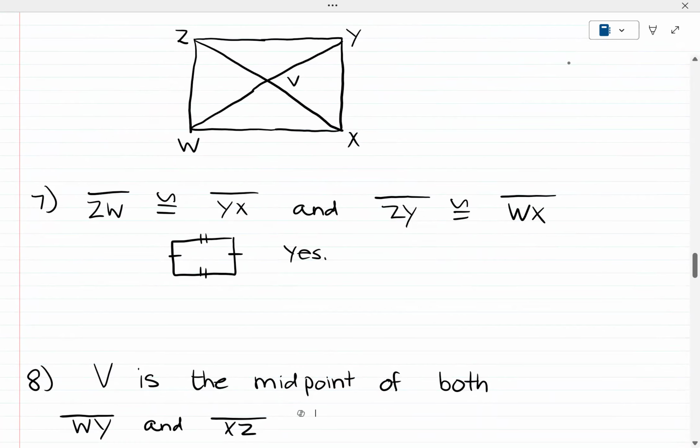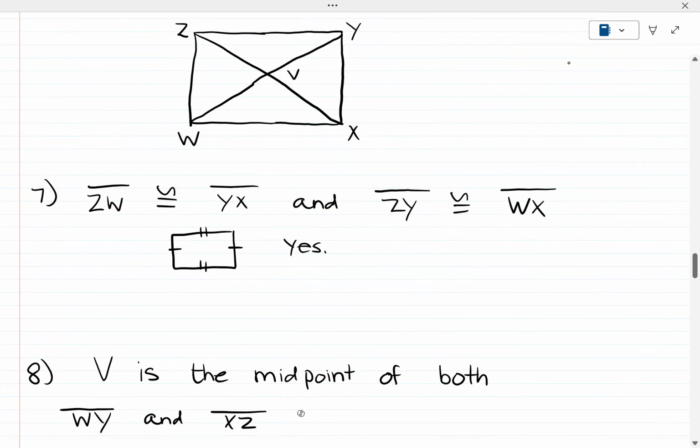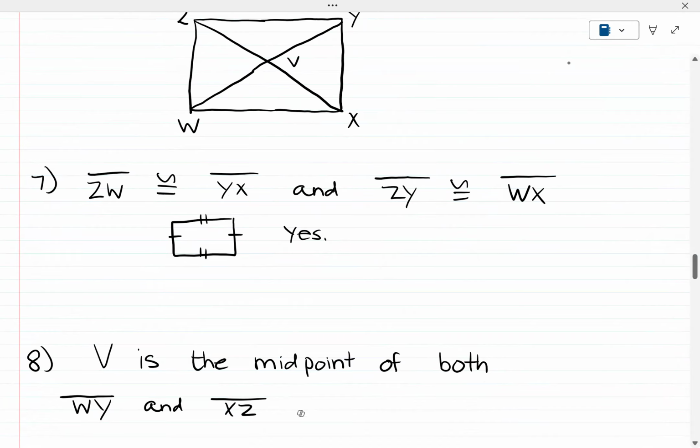What about question 8? V is the midpoint of both line segment WY and line segment XZ. Is that true? So here's V right here.